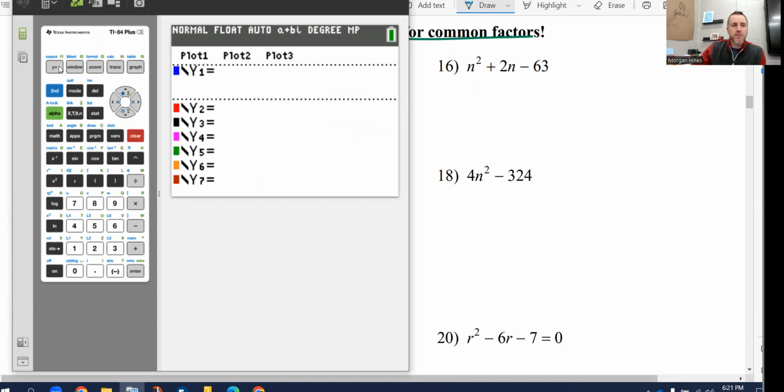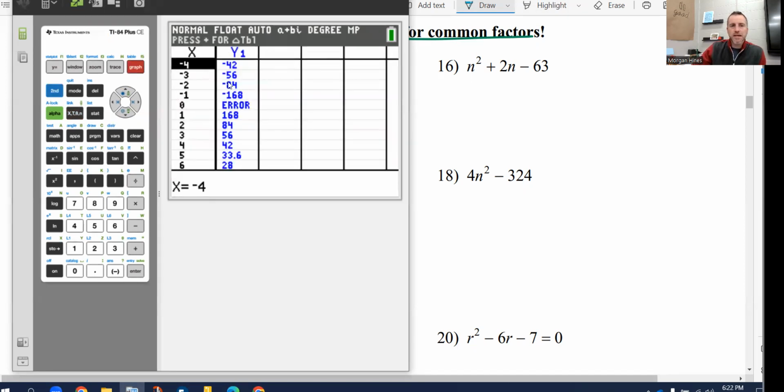But you can also hit y equals, type in 168 divided by x. And now every xy pair is going to multiply to be 168. If you hit second and graph, it's just a list of factors of 168. Left and right, 2 times 84, 168. 3 times 56, 168. 4 times 42, you get the point.